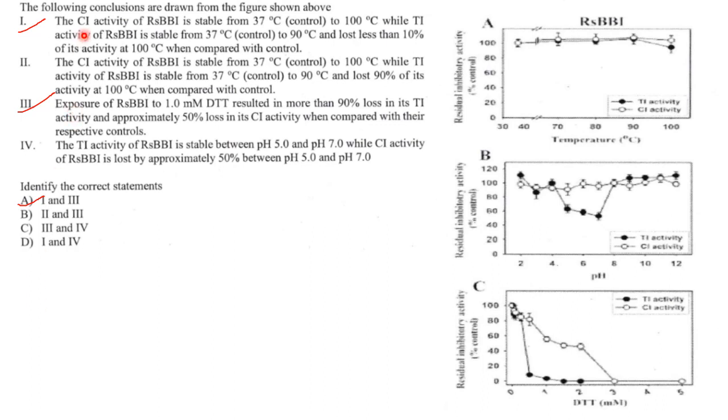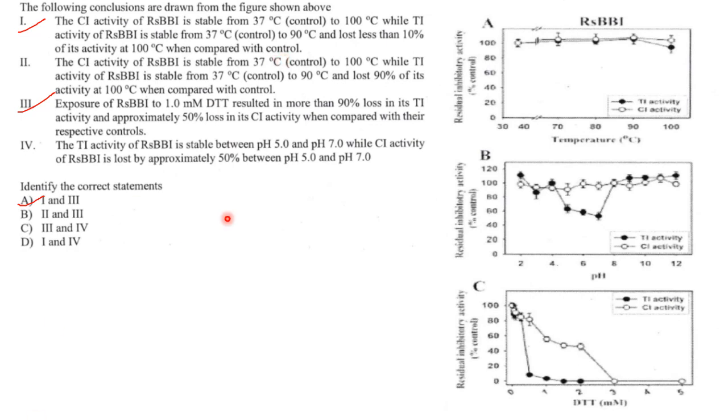The CI, that is chymotrypsin inhibitory activity of RSBBI is stable from 37 degrees to 100 degrees Celsius, while TI activity of RSBBI is stable from 37 degrees control to 90 degrees Celsius and lost less than 10% of its activity at 100 degrees Celsius when compared with the control. That is correct. Why?